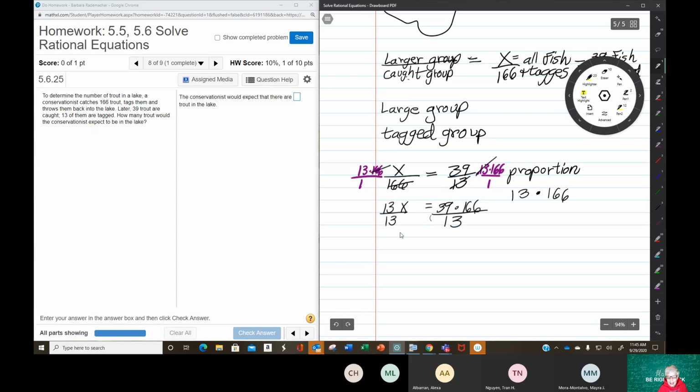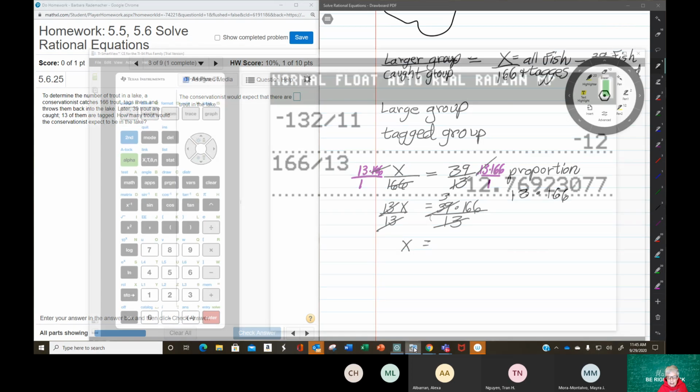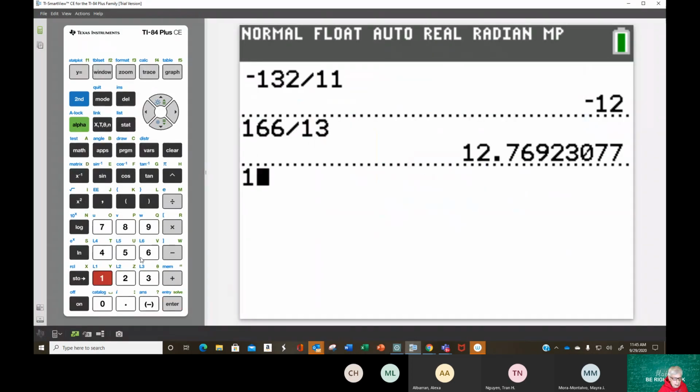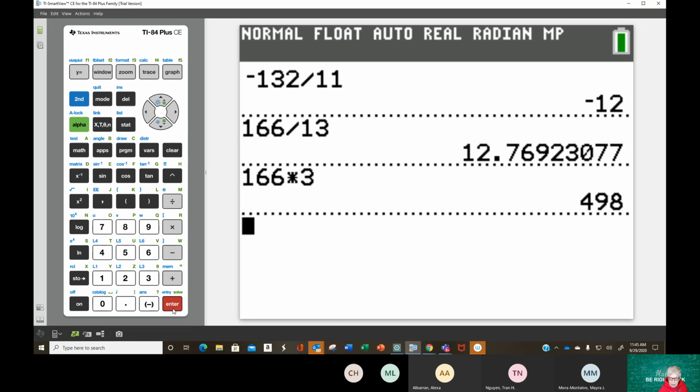Look at this: 3 times 13 is 39, so 13 goes into 39 3 times. So x will equal 3 times 166, which is 498.